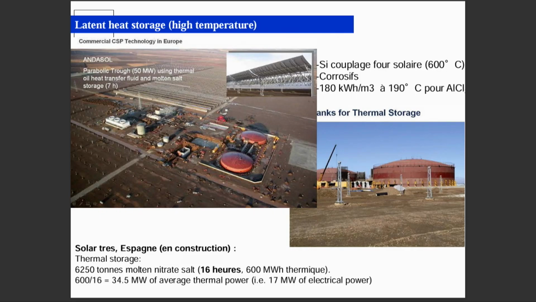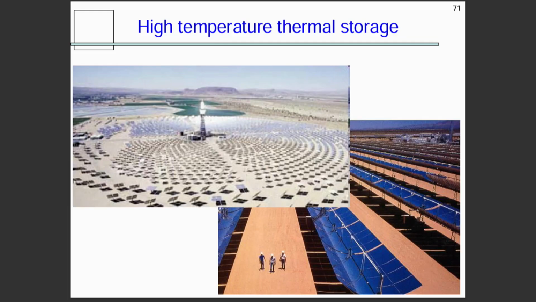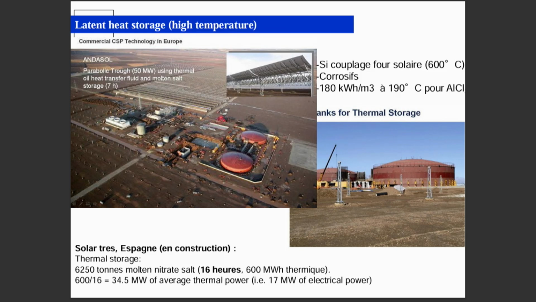Okay, so at a bigger scale, I spoke about small scale phase change material storage for domestic hot water. Bigger scale application is for concentration. We have seen that, but we didn't focus on the storage. Here it is two tanks for this Andasol, which is 50 megawatt, that allows an autonomy of 7 hours.